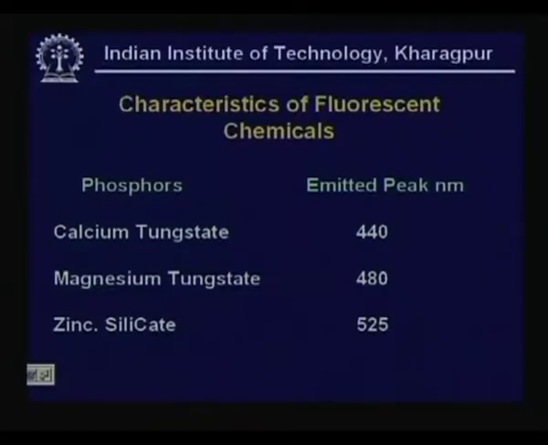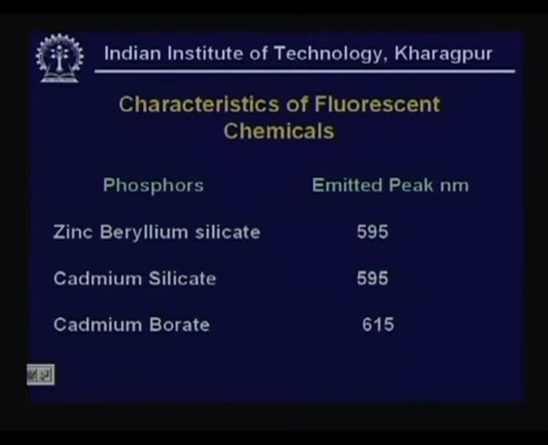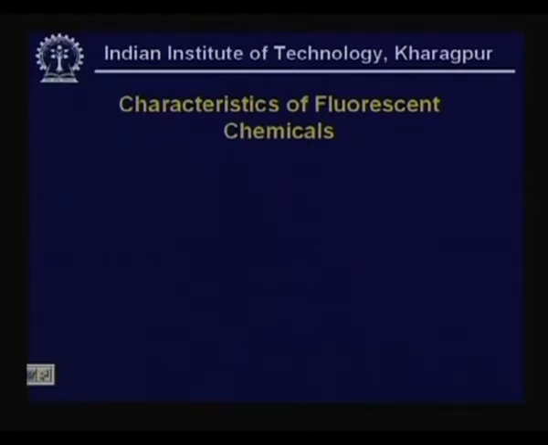Calcium tungstate has around 440, magnesium tungstate has around 480, zinc silicate around 525, and zinc beryllium silicate 595, cadmium silicate at 595, cadmium borate at 615. So what do we see?